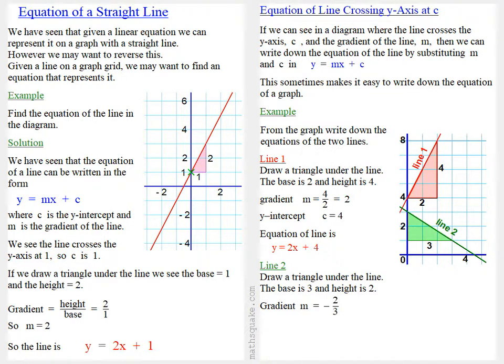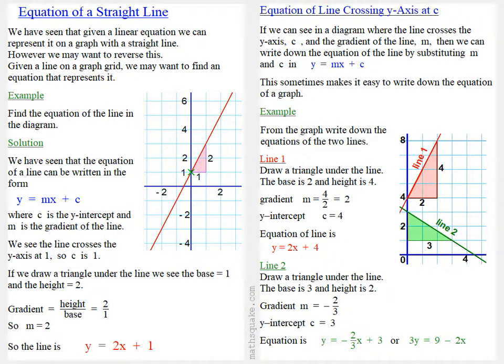Now we can see the line crosses the y-axis at 3, so the y-intercept c is equal to 3. Substituting those into y equals mx plus c, we get the equation is y equals minus 2/3 x plus 3. Or if we multiply all the way through by 3, we get 3y equals 9 minus 2x.